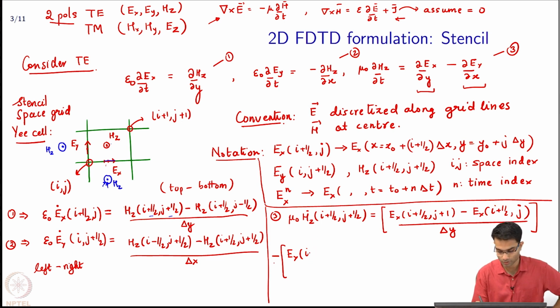This is going to be Ey at I plus 1, j plus half, minus Ey at I, j plus half, divided by delta x.